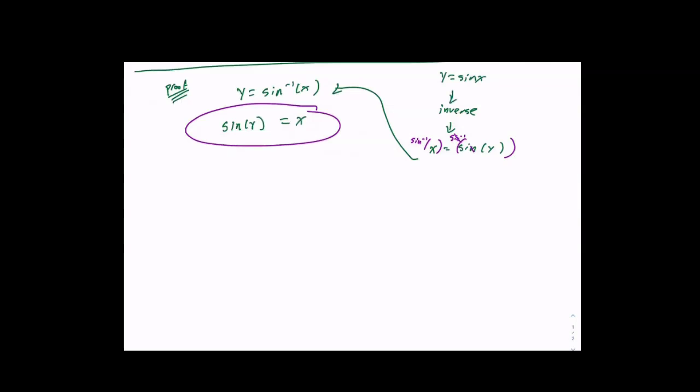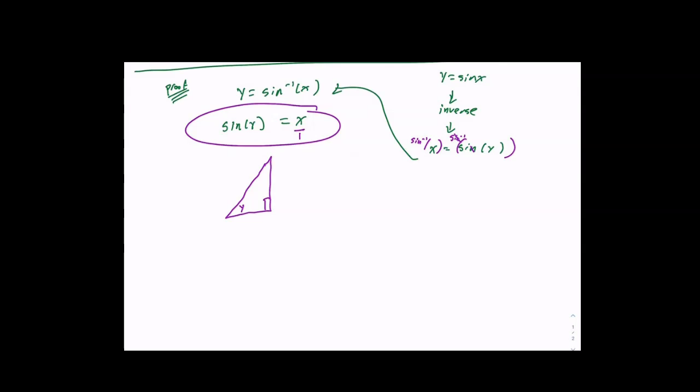Now, this is very important because we can actually draw a picture of this. What it's saying is that we're going to call the angle y. And it says that the sine, and sine is opposite over hypotenuse, is equal to x.